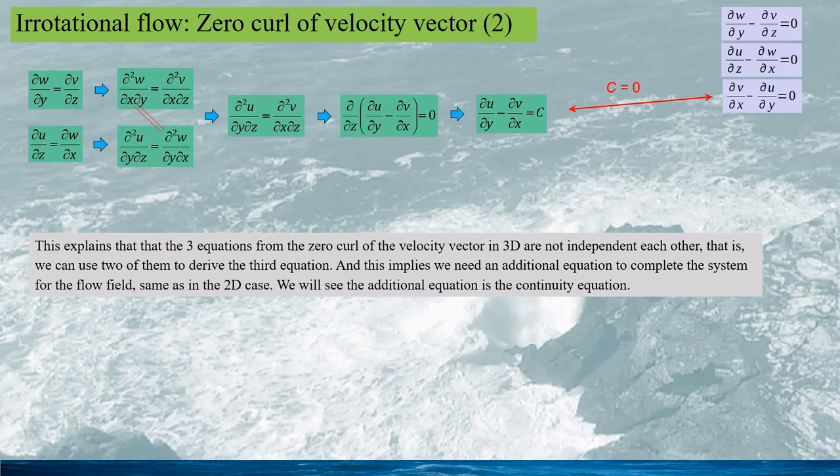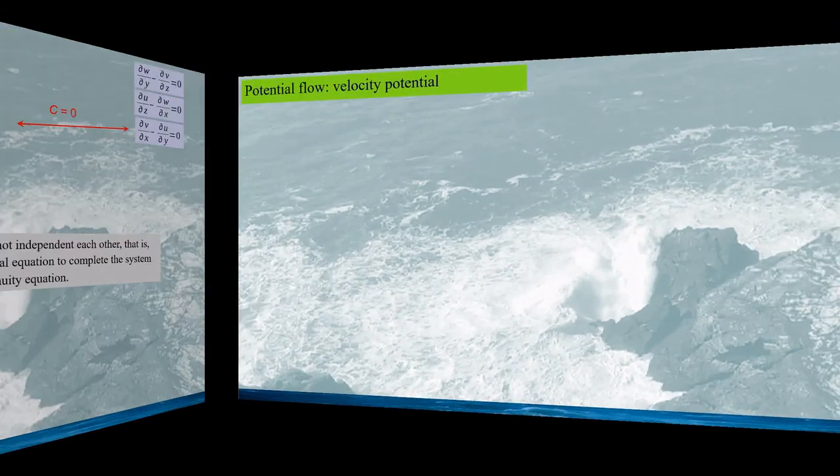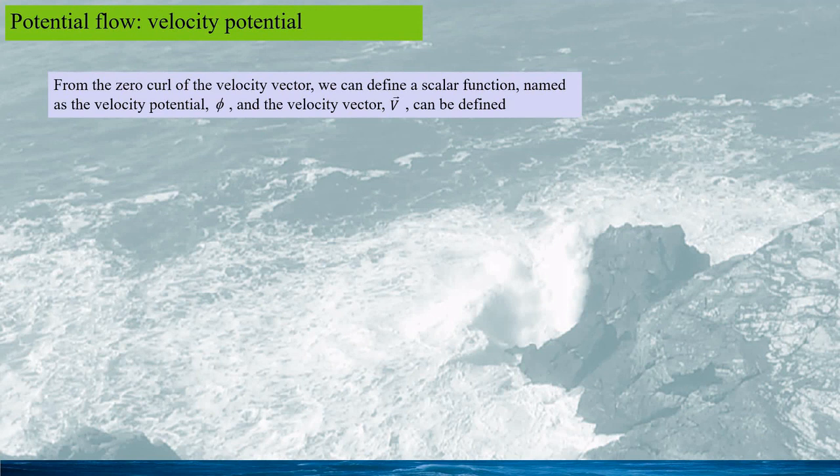This is the same as in the 2D case, and it will be seen that the additional equation is the continuity equation. For the potential flow, the hypothesis of irrotational flow guarantees a velocity potential function phi, and the fluid velocity vector can be simply given as this.